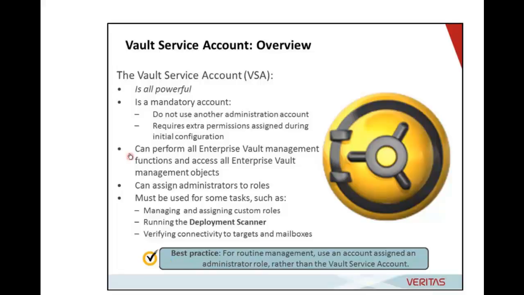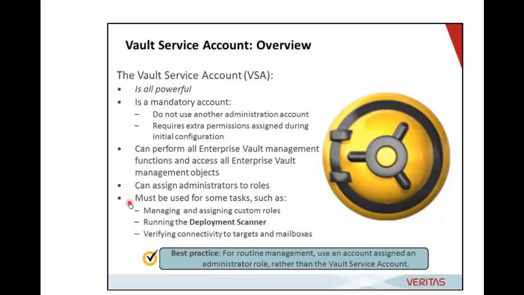Before you install Enterprise Vault, you must set up the Vault Service account and give it suitable permissions. Enterprise Vault automatically grants the account the advanced user rights: log on as a service, debug programs, and replace a process level token. The VSA must be used to run the Enterprise Vault configuration wizard when you are setting up Enterprise Vault, and Enterprise Vault services and tasks use the service account when accessing Enterprise Vault databases.